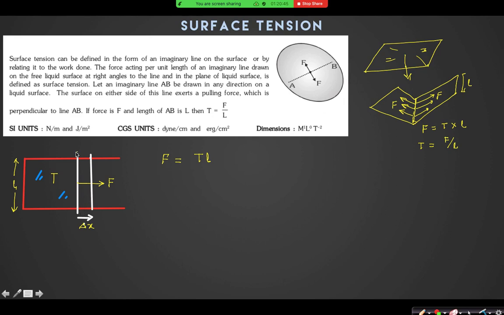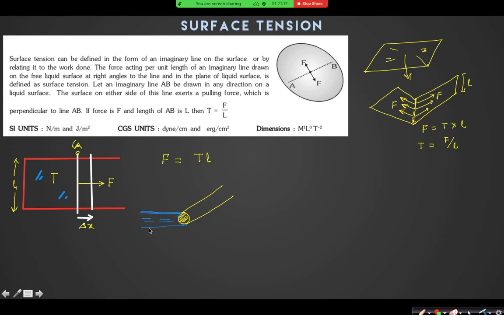If this is the cross section of the movable rod, you will see that this is the soap solution where the liquid lies. The liquid is lying inside this layer.